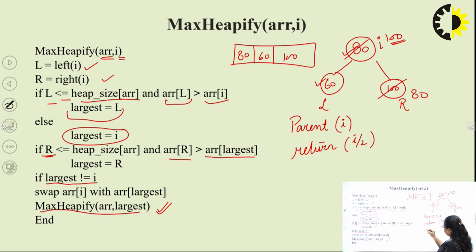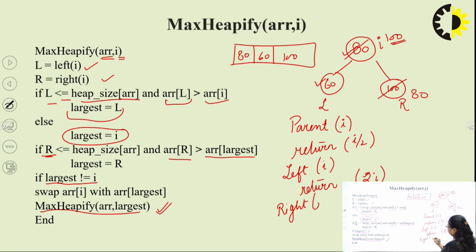If I'm talking about the left child of I, then it will return 2i. But if it is a right child of I, then it will return 2i plus 1. Okay? This is the way how the max heapify or heapify algorithms work.